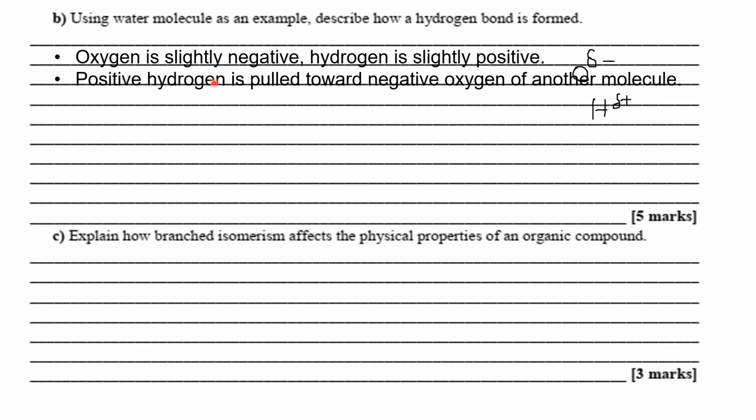So the positive hydrogen is pulled towards the negative oxygen of another molecule. Another molecule which has oxygen will pull the hydrogen, meaning that the hydrogen is pulled towards the oxygen's lone pair. The pair of electrons that are not bonded are called lone pairs.